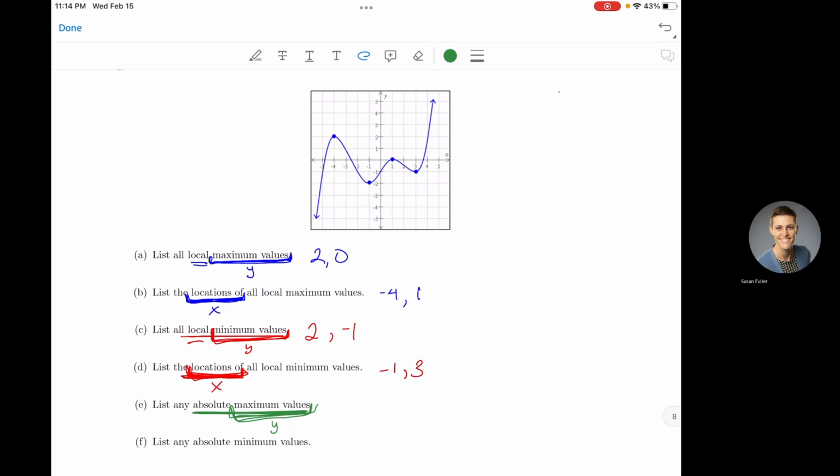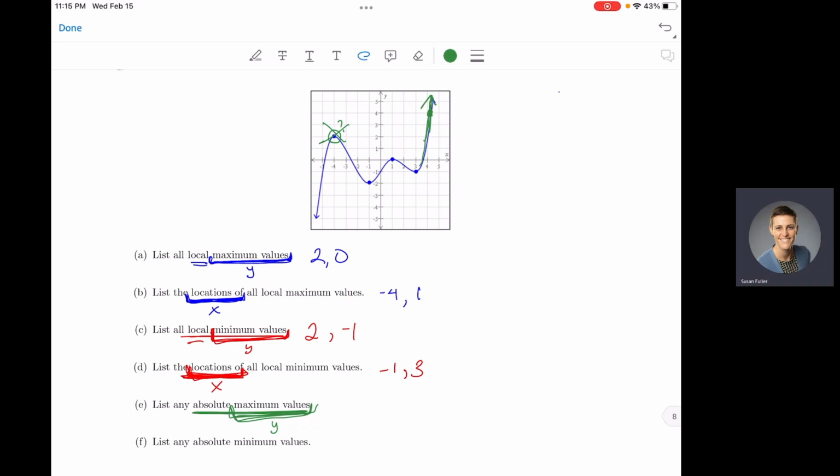Well, this kind of looks like it might be an absolute max, except this part of the function over here keeps going. And I've got points here that are higher than this one reached. So that's not an absolute maximum.